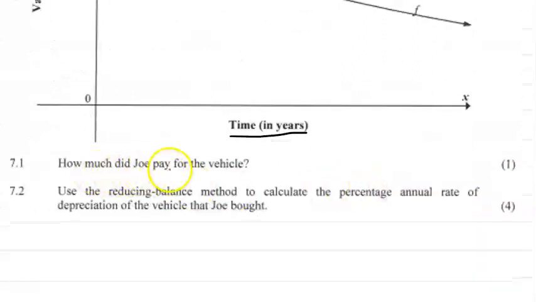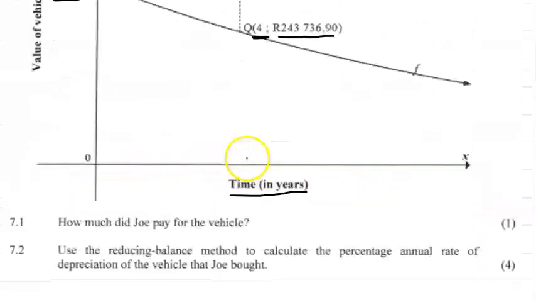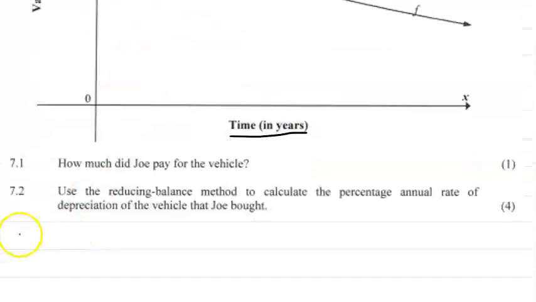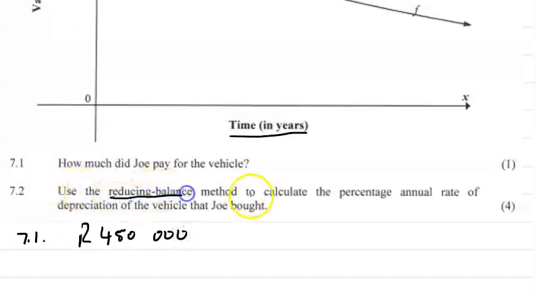How much did Joe pay for the vehicle? So that would be 450,000. So 7.1 will be 450,000 Rand. 7.2, use the reducing balance method to calculate the percentage of the annual interest rate of depreciation of the vehicle that Joe bought.